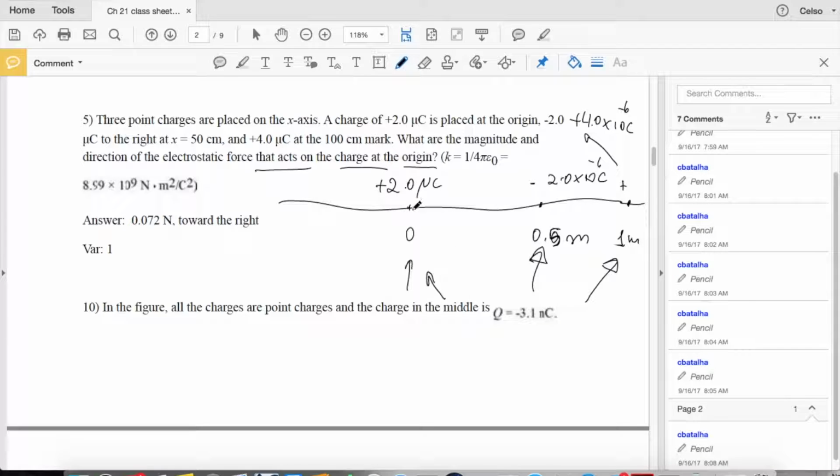When you do a free body diagram on the charge at the origin, you ask which action this particular charge is doing on this charge, and then you ask the same question again for the second one.